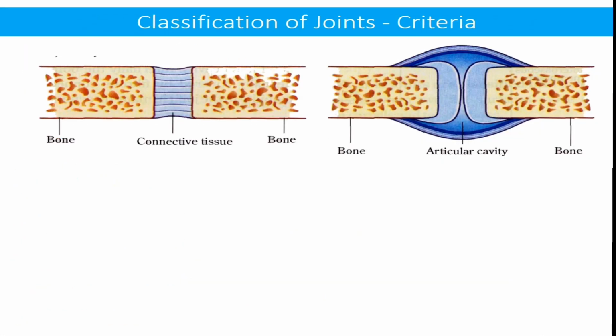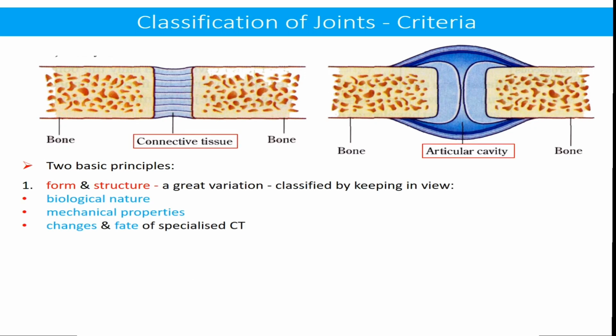First, let us have a view of the criteria for classification of joints. There are two basic principles for classification of joints. Number one is form and structure, which vary greatly, hence classified by keeping in view the biological nature of the components of the joints, mechanical properties of these components, and changes and fate of specialized connective tissue.